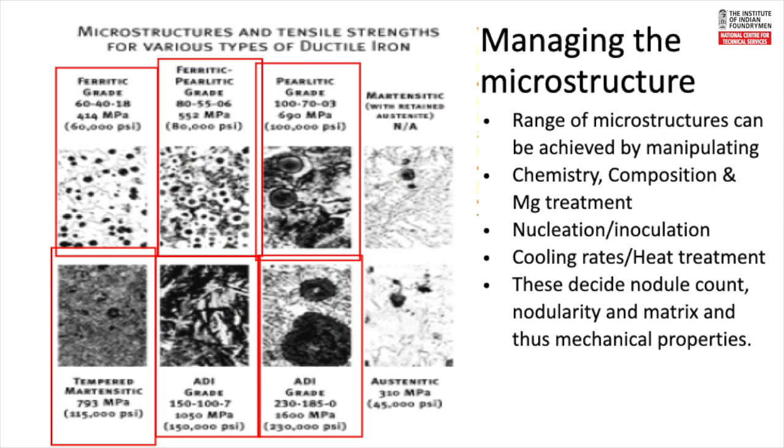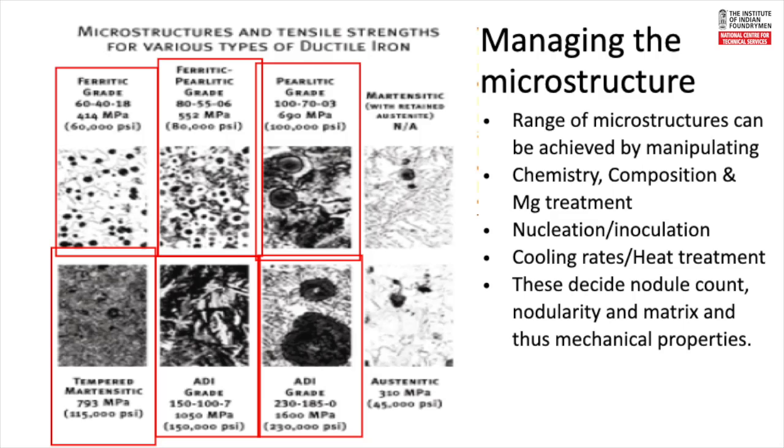Here is a picture, and unfortunately, I was not able to get a clearer picture than what you are able to see. I'm not very happy with this. But it is a picture taken from Ductile Iron Society's papers to show how the different microstructures are going to give you different grades of iron.